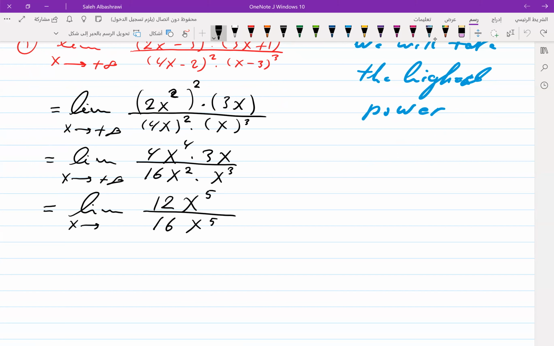We can cancel x to power 5 with x to power 5, then the limit is equal to 12 over 16, or simplifying by dividing by 4, it will be 3 over 4.